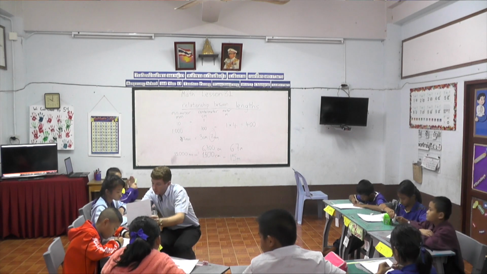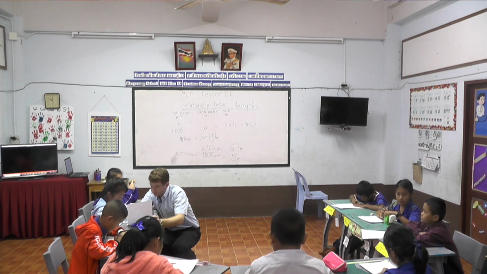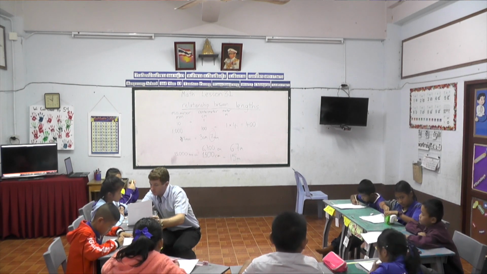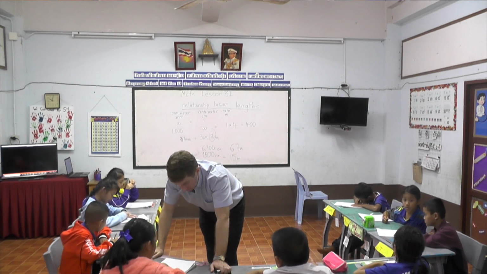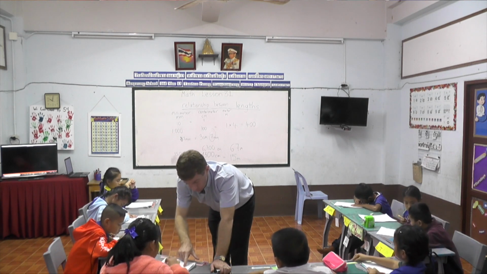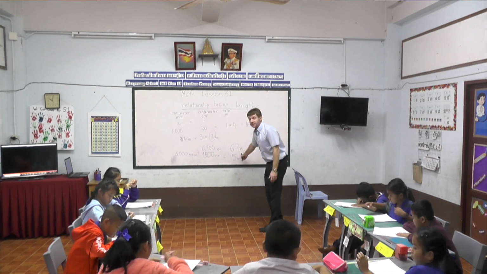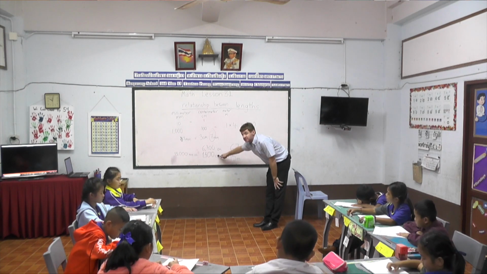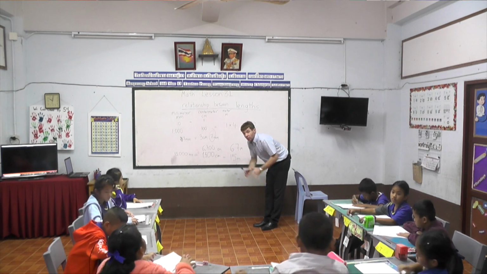Nearly. 9,784 centimeters. 97 meters. You forgot the 7. Excellent. 67, number 8. 67 meters, not 670 centimeters, 6,700. Go bigger.